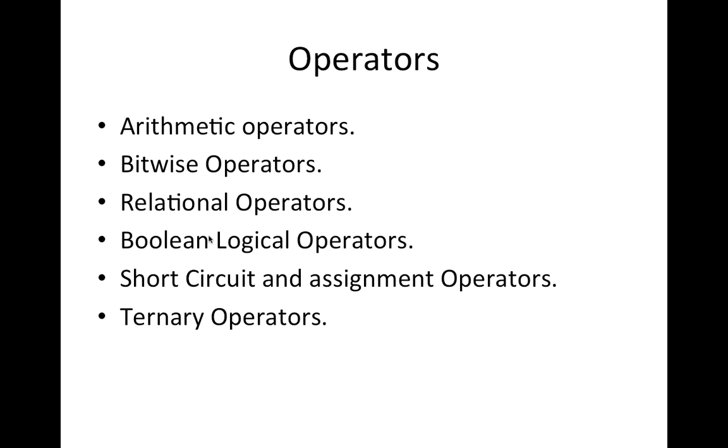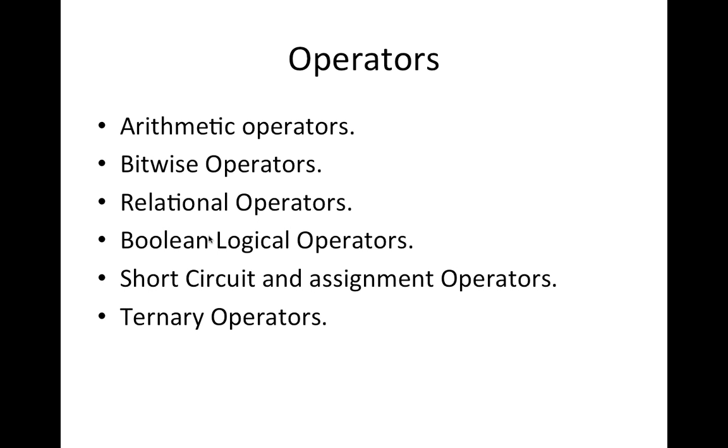Short circuit operator is nothing but it's just that OR conditions, I suppose. If you use a short circuit OR, it's going to evaluate the right hand side. If you take OR, if both are true, then only it will be true, right?